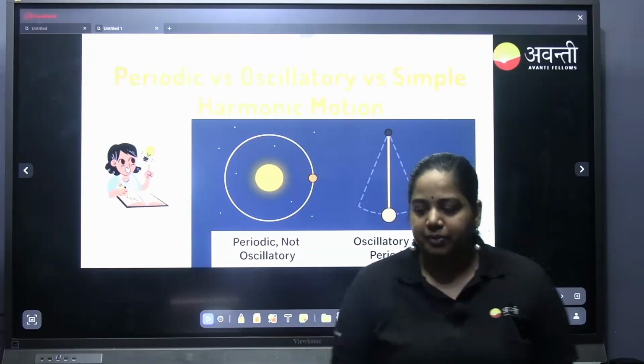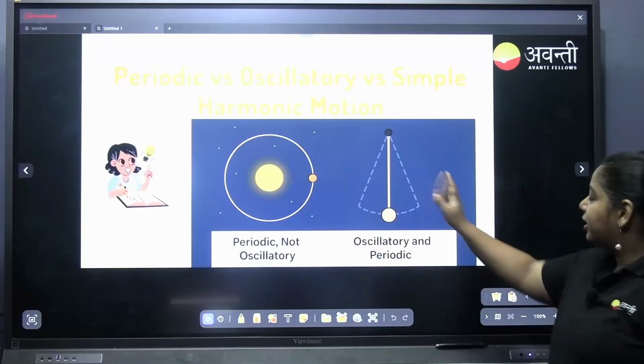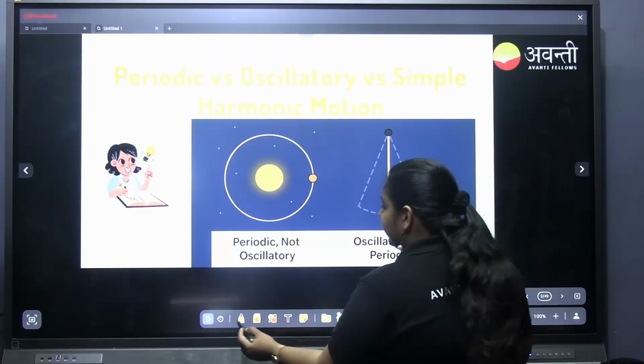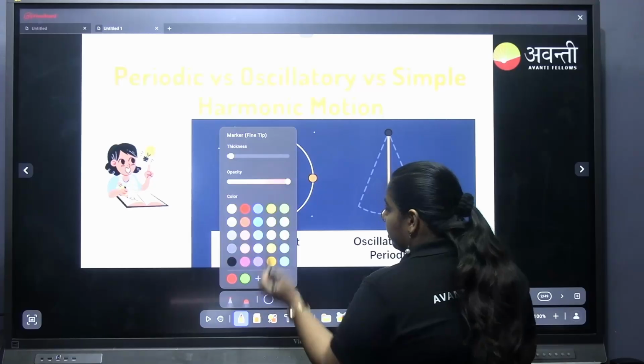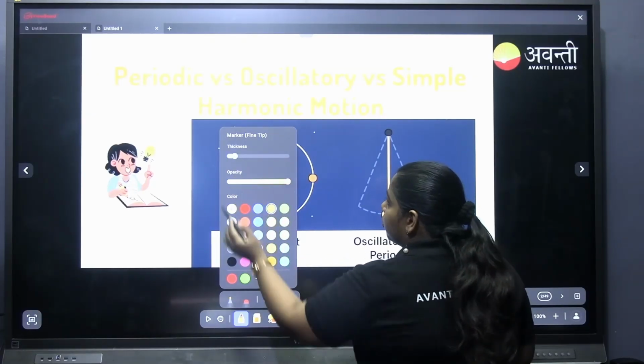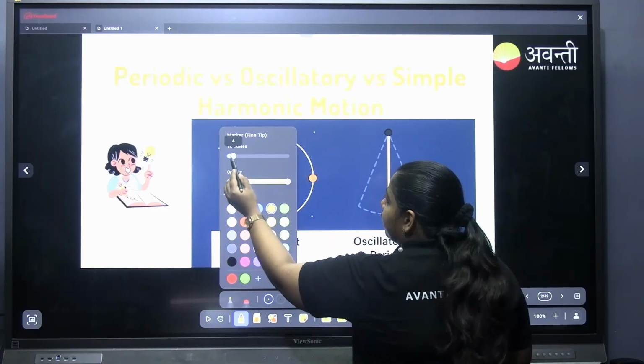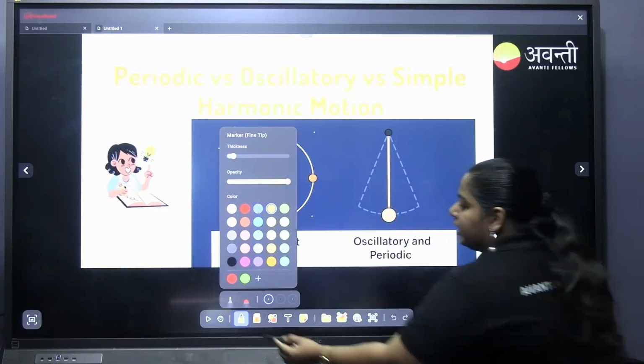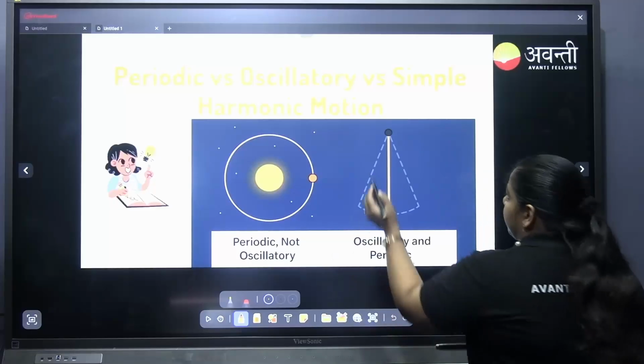That is the relation. So what is the speciality of simple harmonic motion from oscillatory and periodic motion?